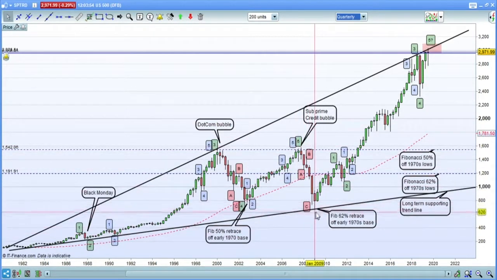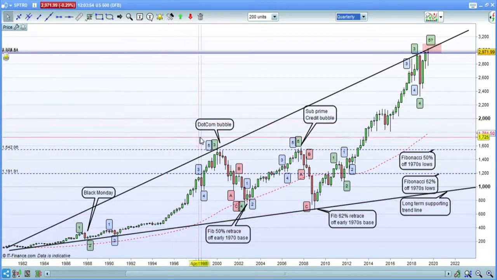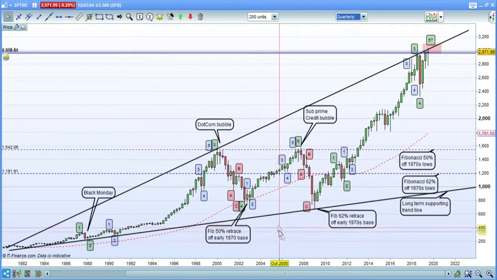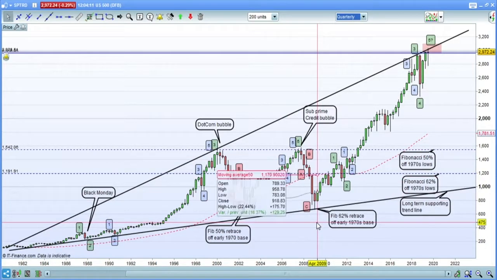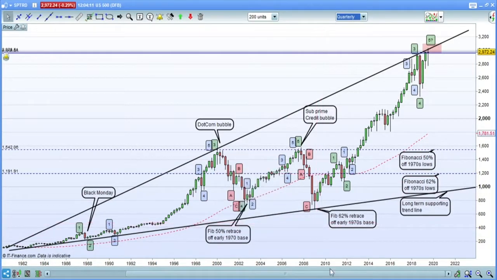But because this C off the credit crunch was lower than the previous one, the dot-com one, I see that as one very large 1, 2, 3, 4, 5. That's the green numbers. Then we got the ABC down to 2009. All of the QE and ZIRP, NIRP and all that stuff kicked in, and we went on a massive rally.